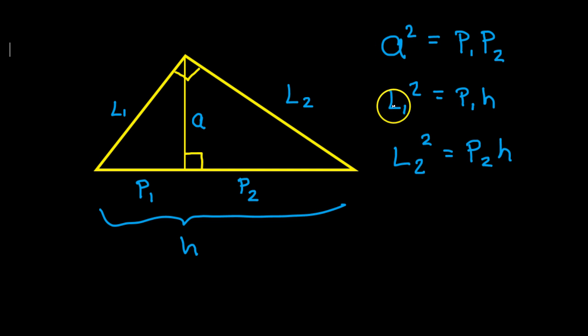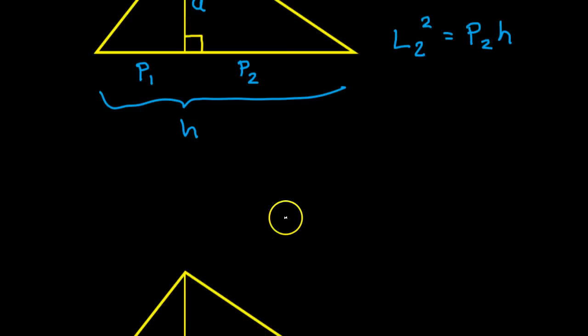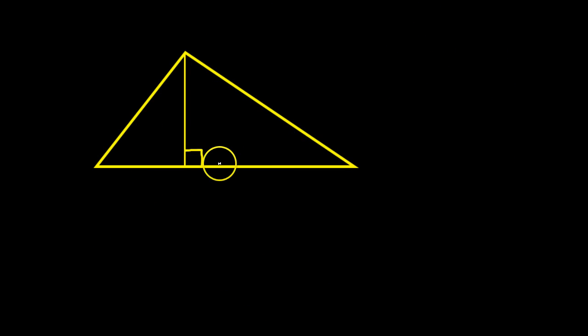Okay, let's look at the next formula, the one involving the leg and a part and the hypotenuse. It's saying the leg squared is equal to part times hypotenuse. Leg 1 squared is equal to part 1 times hypotenuse. Again, jumping down here, say I call this x, and this was 3 and this was 7.